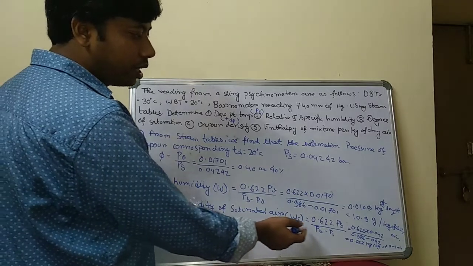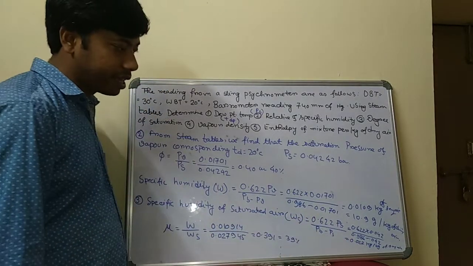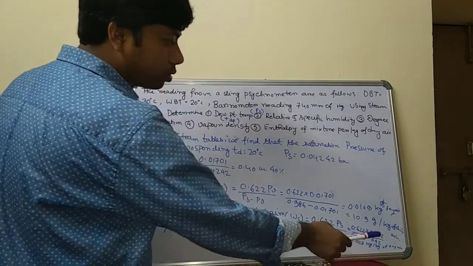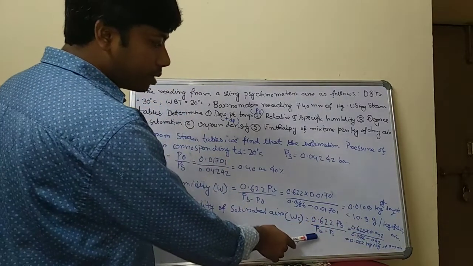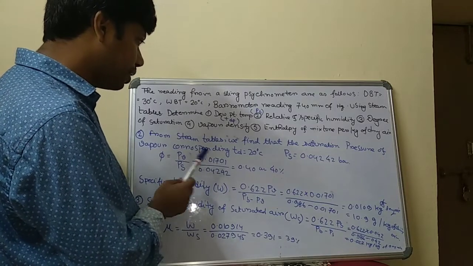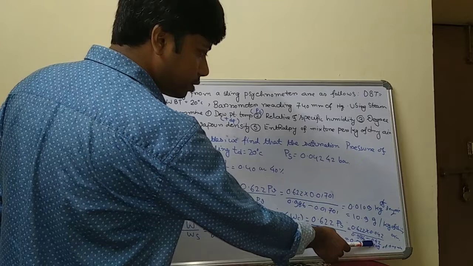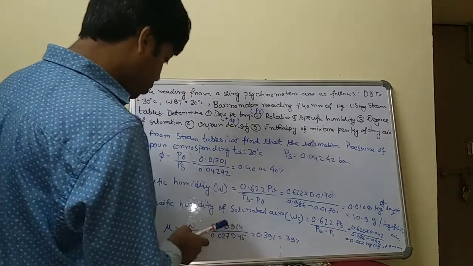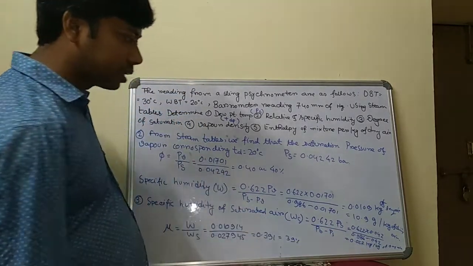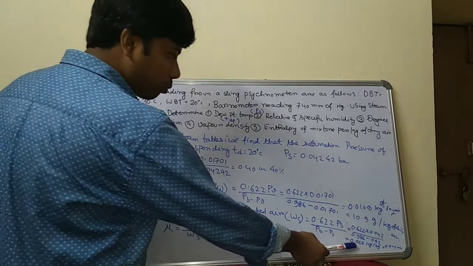So that will be 0.622 into 0.042 divided by 0.986 minus 0.042, where PB is the barometer reading. So WS will be 0.027 kg per kg of dry air.